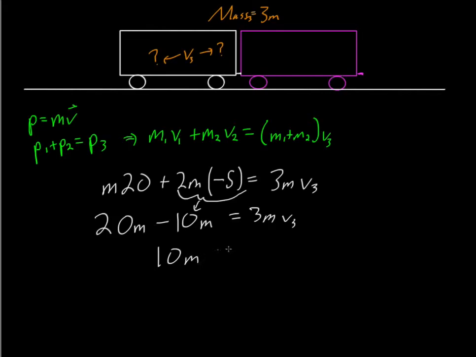Therefore, 10m equals 3m times v3. Therefore, our velocity v3 is equal to 10m over 3m, or 3 1/3 meters per second in the positive direction, or going to the right.